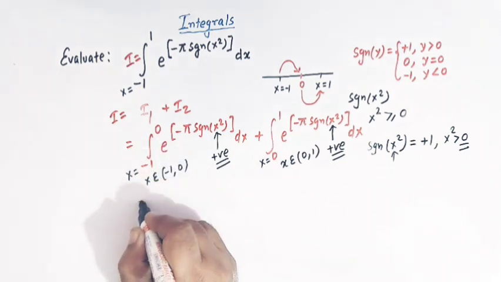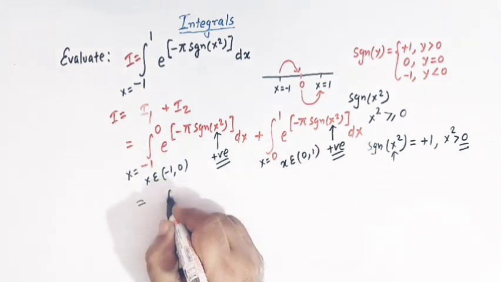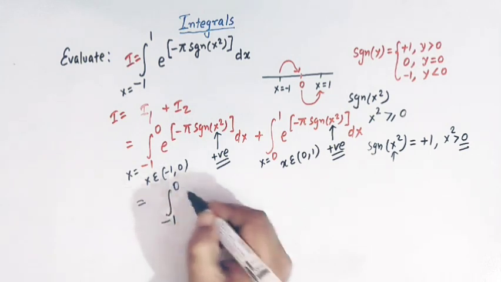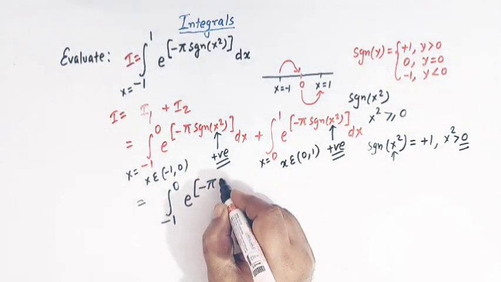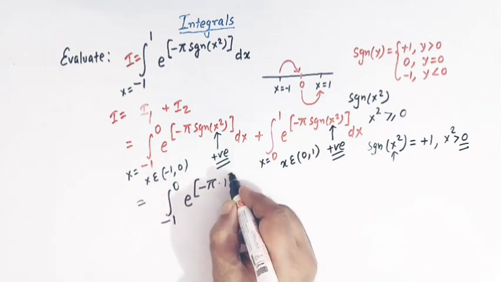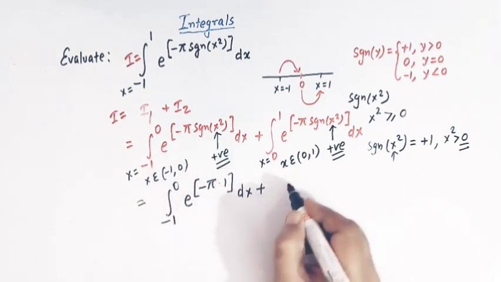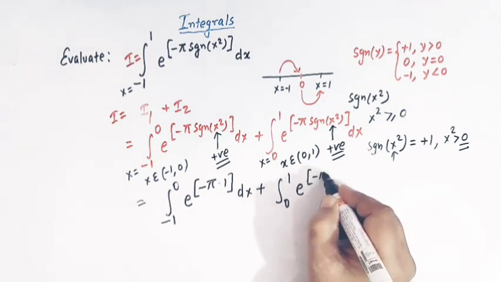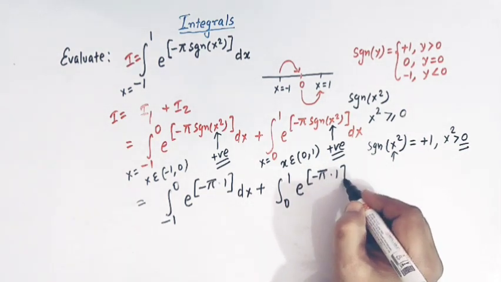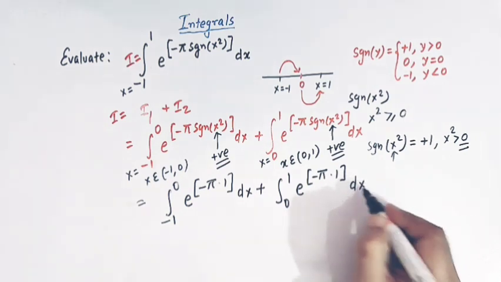And now we can write these two integrals as -1 to 0 e raised to greatest integer of minus pi times 1, and 0 to 1 e raised to greatest integer of minus pi times 1, and here we have dx.